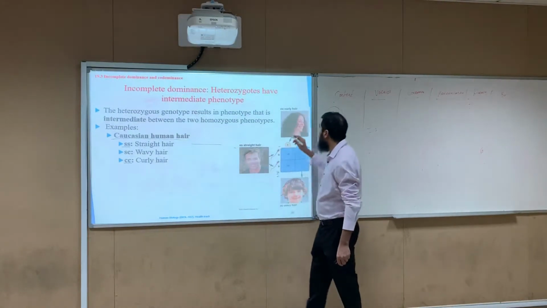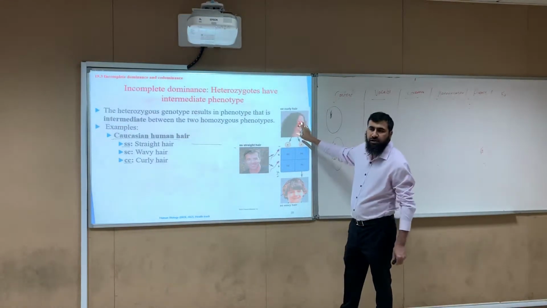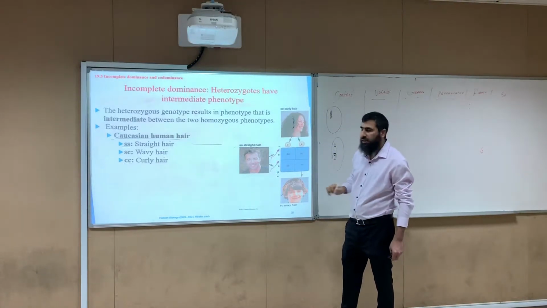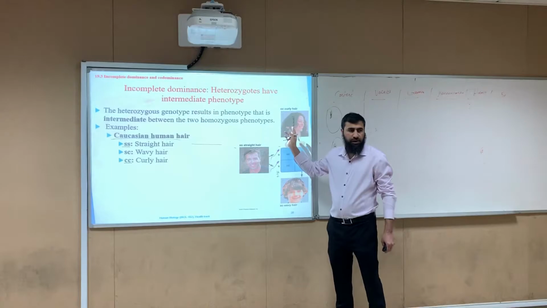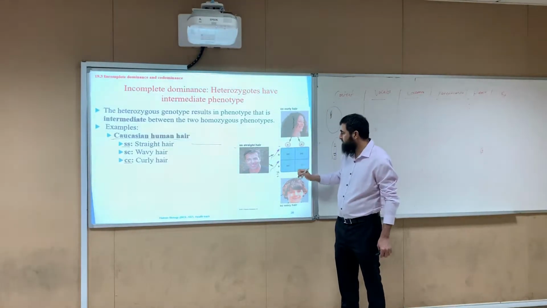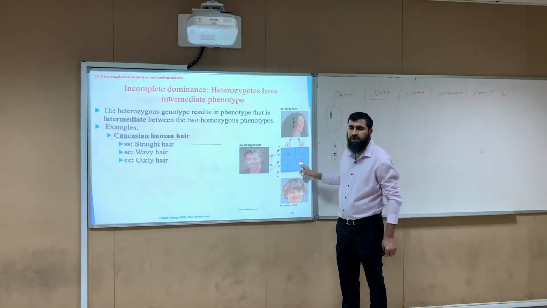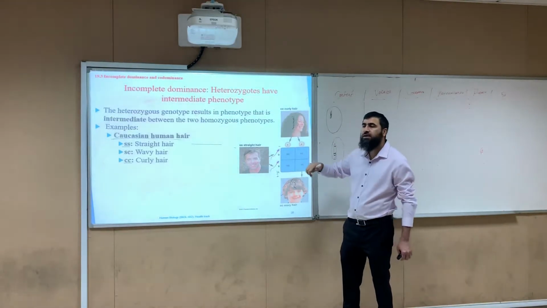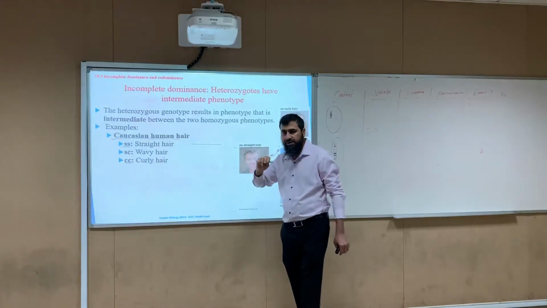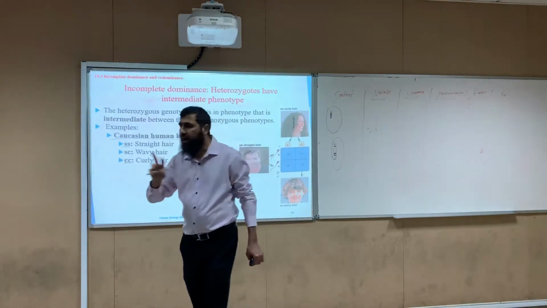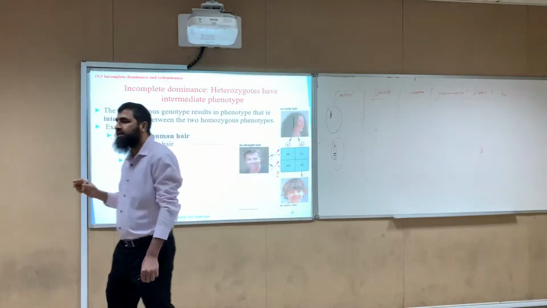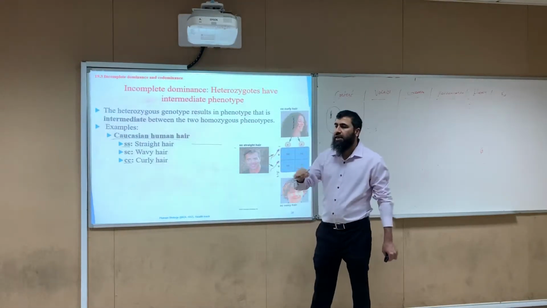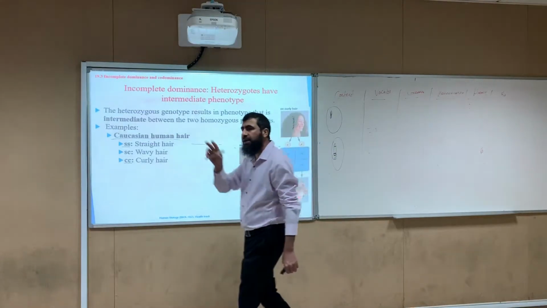If you're homozygous for the curly hairline, you'll get curly hairline. When you cross those two, all the offspring will have this wavy hairline, which is an intermediate between the straight and curly. None of the alleles are dominant over each other. You get incomplete dominance, a phenotype in between the two.